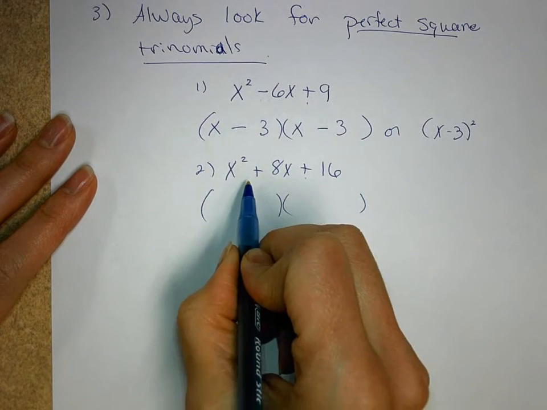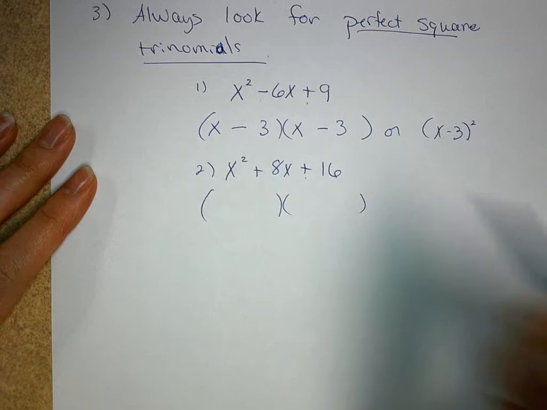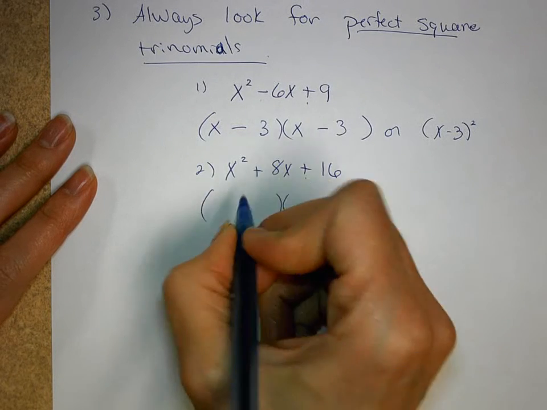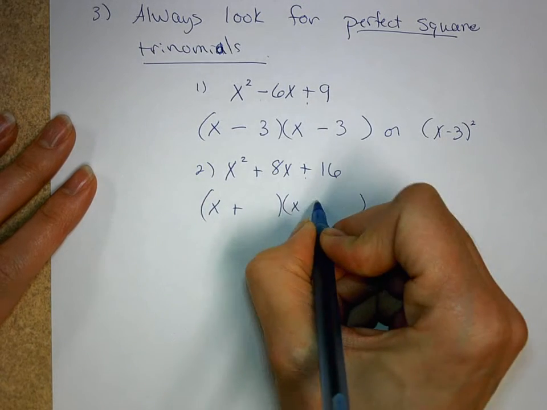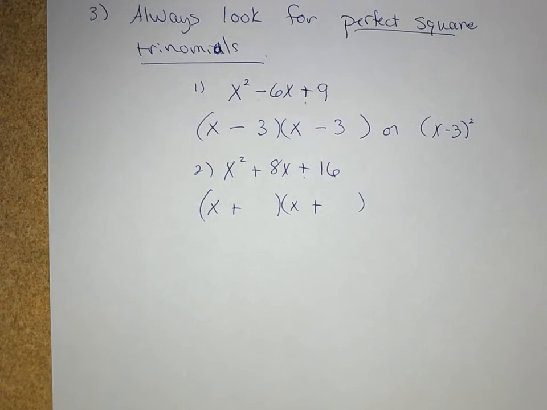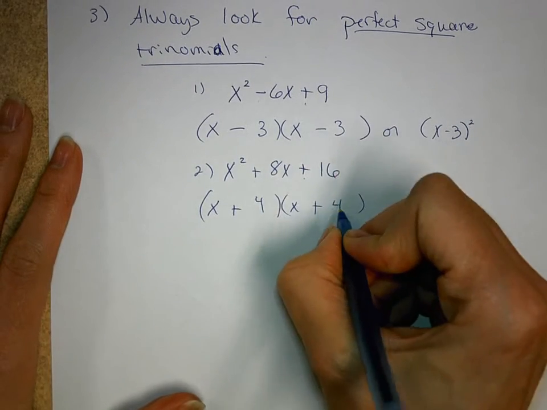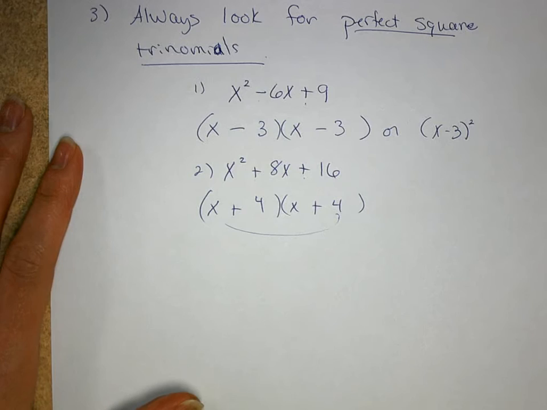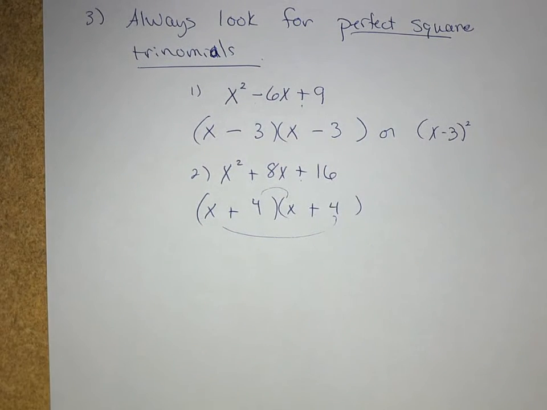Same sign, both what? Both positive. So I get x plus what? Quick check. Outside, positive 4x. Inside, positive 4x. Do they add together to be a positive 8x? You're perfectly factored. Time saver.